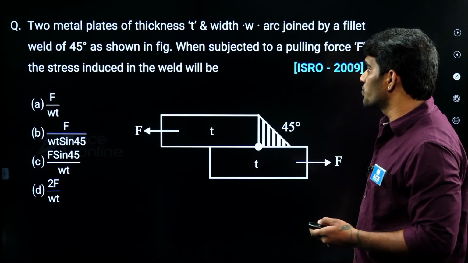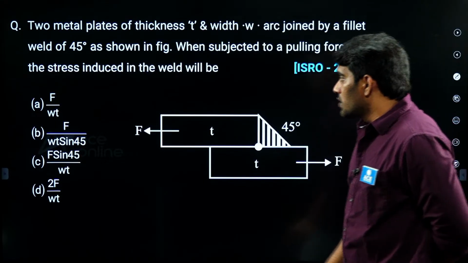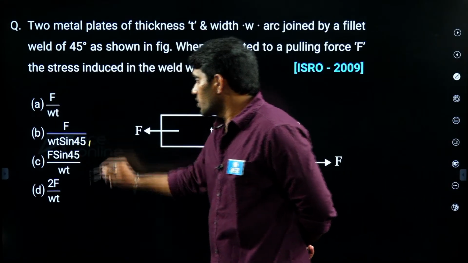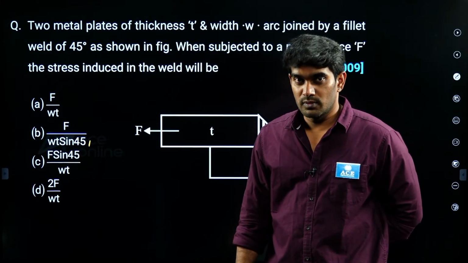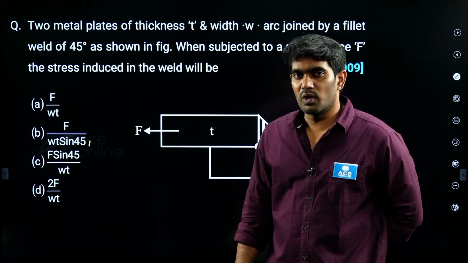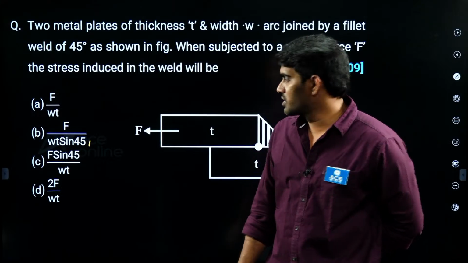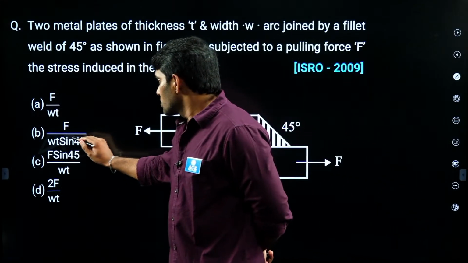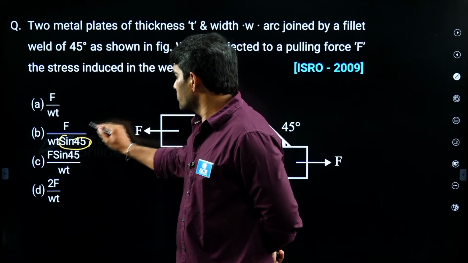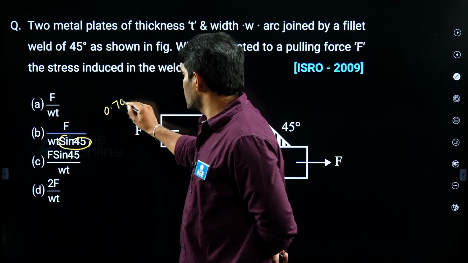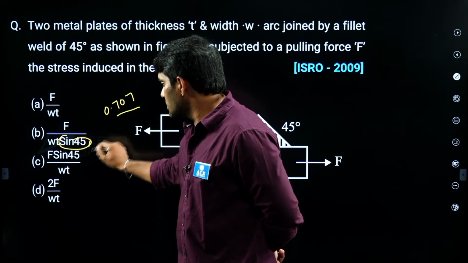Here he is asking us to identify the shear stress. Sin 45 value is 1 by root 2, which is 1 by 1.414, which means 0.707. Generally our value of sin 45 is 0.707, and it is there in the denominator.